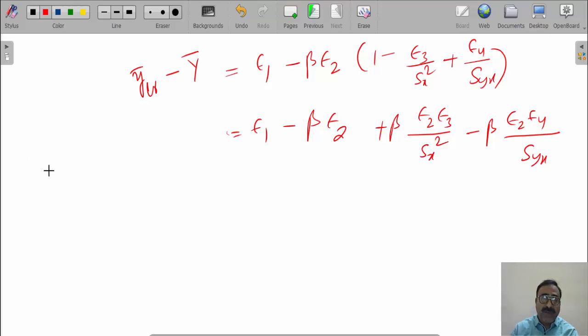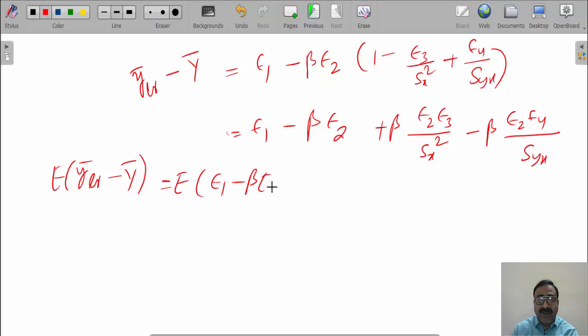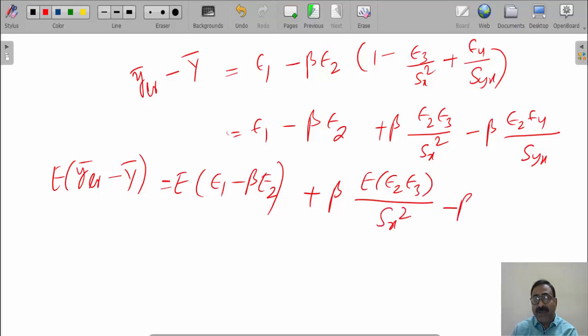So now expectation of YLR bar minus y bar, that is equal to expectation of epsilon 1 minus beta epsilon 2 plus beta into expectation of epsilon 2 epsilon 3 by sx square minus beta expectation of epsilon 2 epsilon 4 by syx.